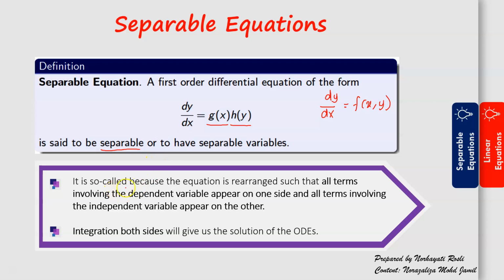It is called that because the equation can be rearranged such that all terms involving the dependent variable appear on one side and all terms involving the independent variable appear on the other side. What does this definition mean?